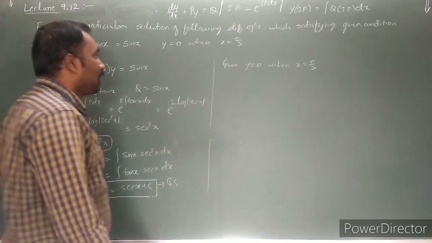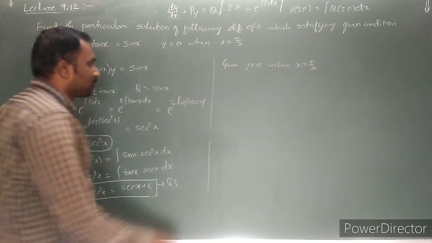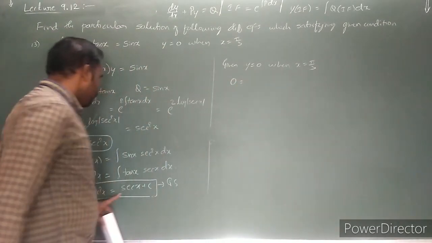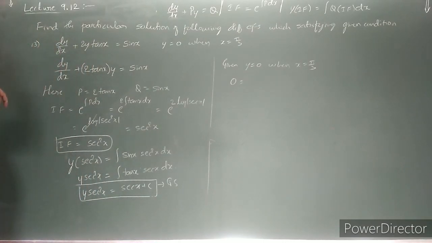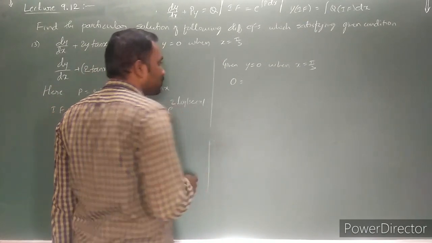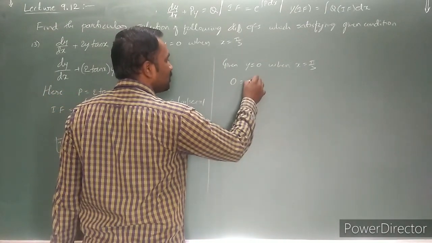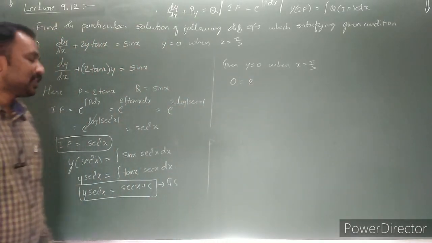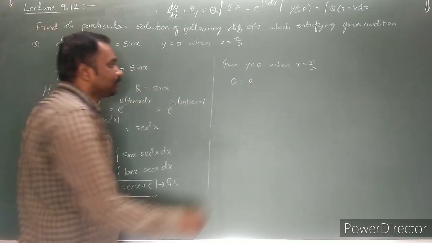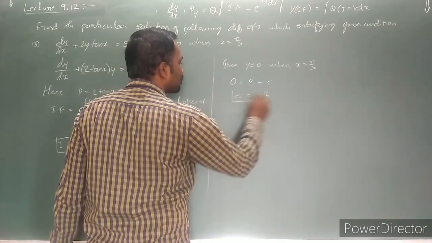How to find it? The y value is 0. So y into sec square x, the total left hand side term, is 0, is equal to sec x, that is sec of pi by 3, that is sec of 60, plus c. What is the sec of 60? Cos 60 is 1 by 2, so sec 60 is just 2. So 0 equals 2 plus c. Therefore, c is equal to -2.